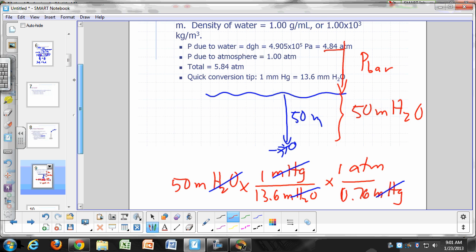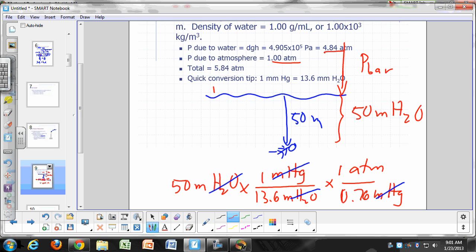Okay. And your barometric pressure is 1 atmosphere, so the total pressure you'll experience down there is 5 atmospheres.